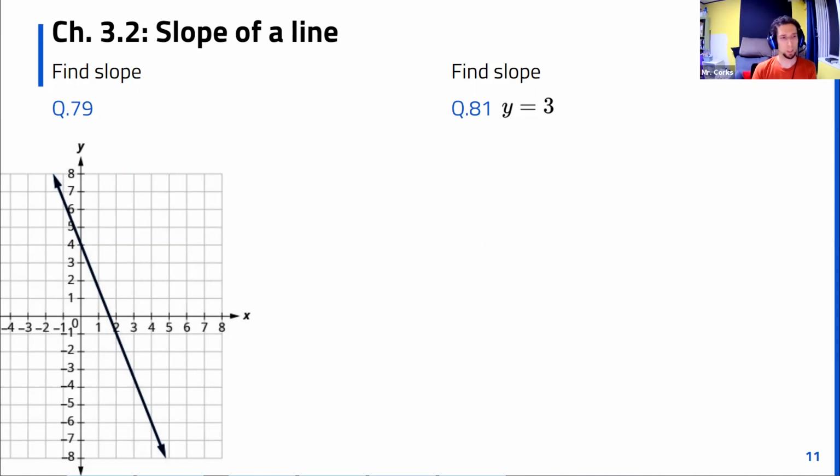Okay, let's try these out. For the graph, can someone tell me how we will find the slope? What's our method? Rise over run. Okay, I don't know what a rise is. I don't know what a run is. Tell me more. Rise is change in y, and run is change in x.